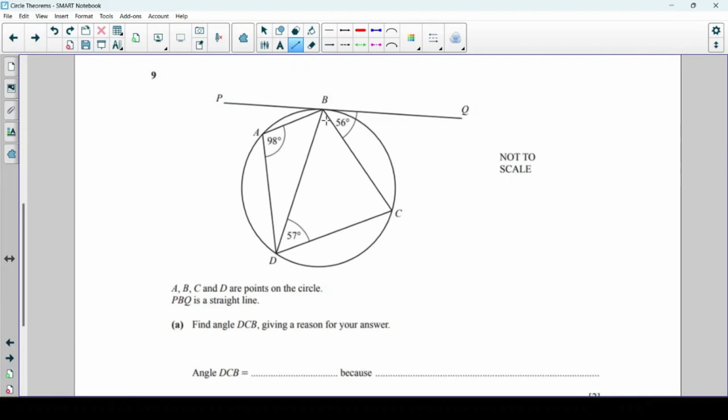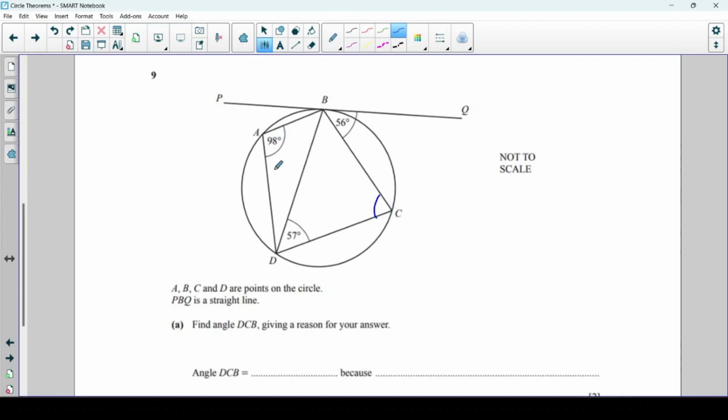Again, a tangent, triangles connected to it. The first one we're asked to find is angle DCB. Now actually we're not using the alternate segment theorem straight away. The thing that we're going to spot is that we've got 4 points all on the circumference, so we can use a cyclic quadrilateral. So this one here plus that one here is equal to 180 degrees.